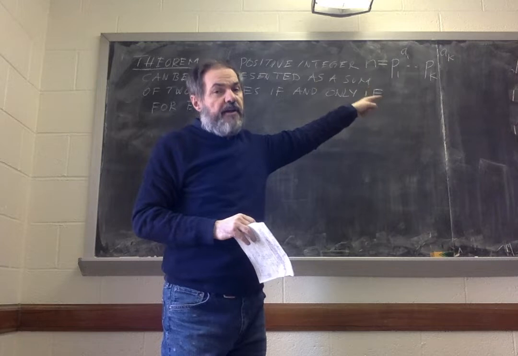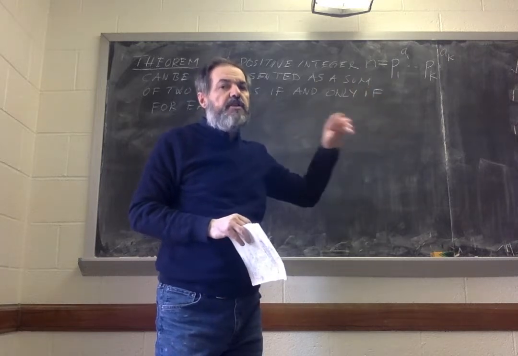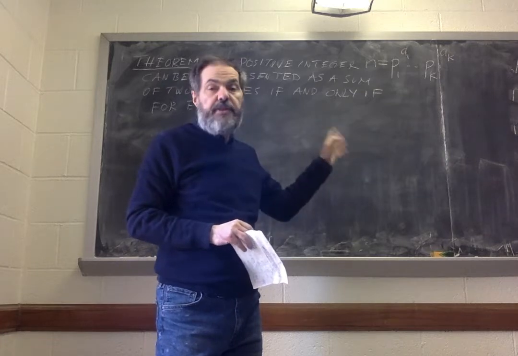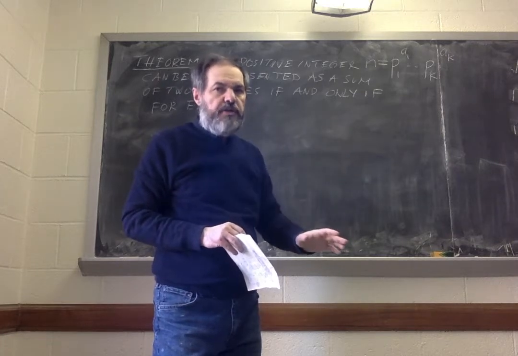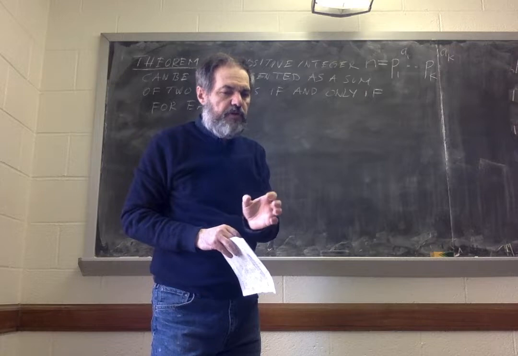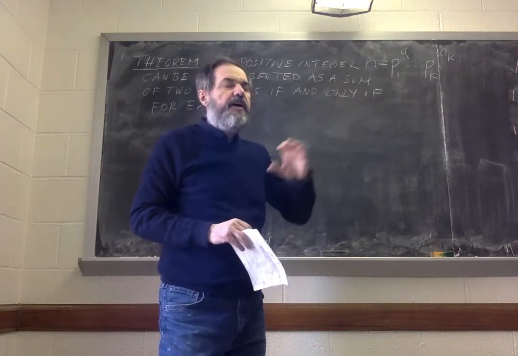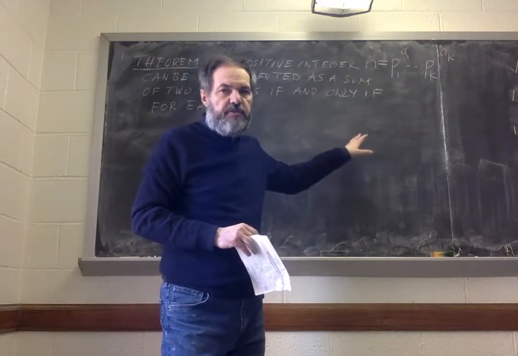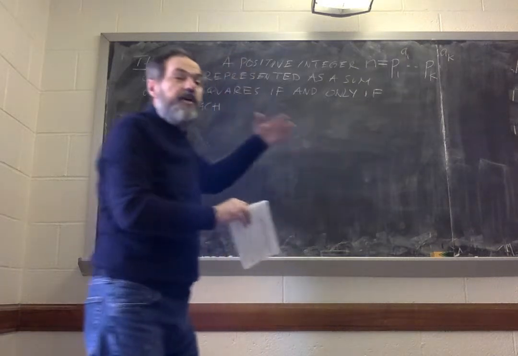I look at the prime factors, P1 up to Pk, those that are congruent to 3 mod 4. I look at them. The others I ignore. I look at those that are congruent to 3 mod 4 and I look at their exponents. If I see at least one exponent that's not even, then the number is not representable. Otherwise it is.